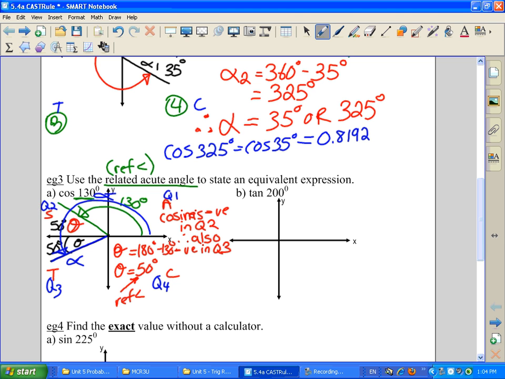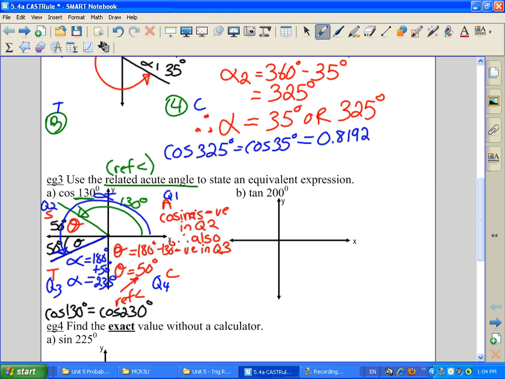So to get that, ladies and gentlemen, realize that you take 180 and you have to add 50 degrees to it. So the alpha in this case is 230 degrees. So when the question says find the equivalent expression, what does that mean? That means that cos of 130 degrees equals the cos of 230. Again, if you plug that in your calculator, ladies and gentlemen, you will get the same value.